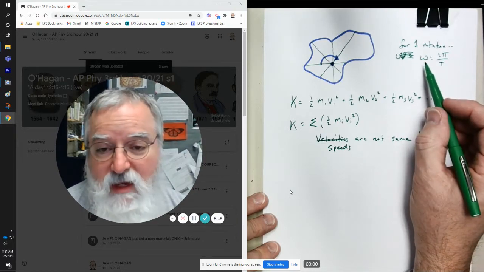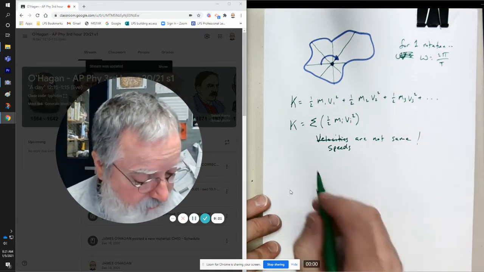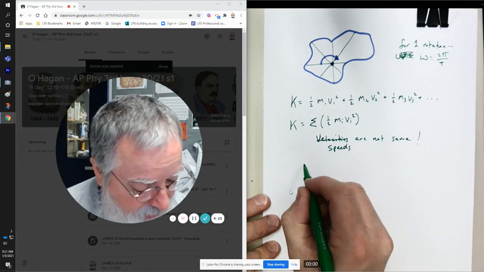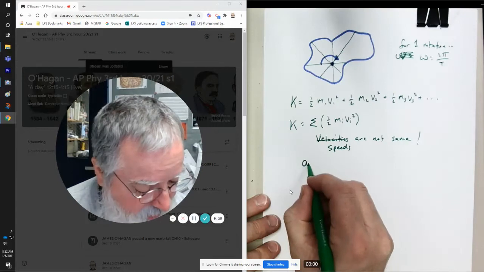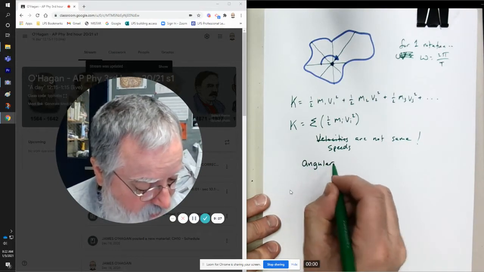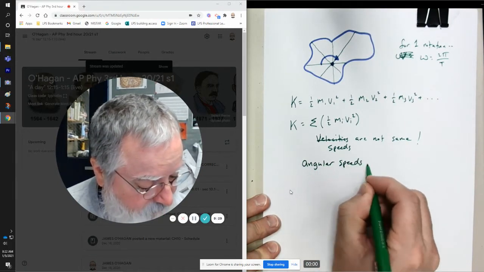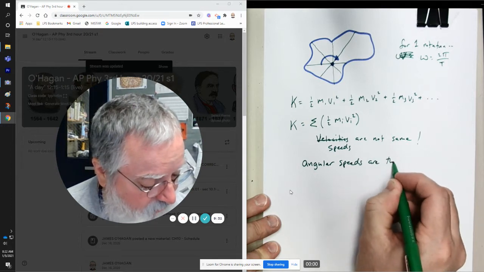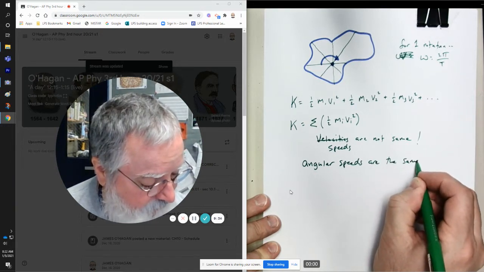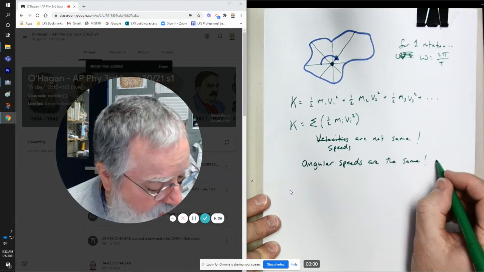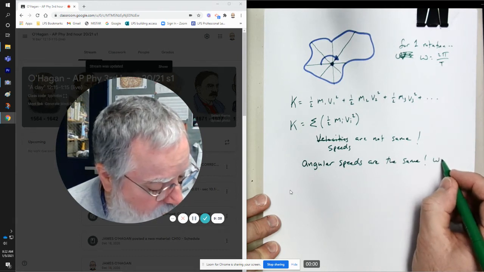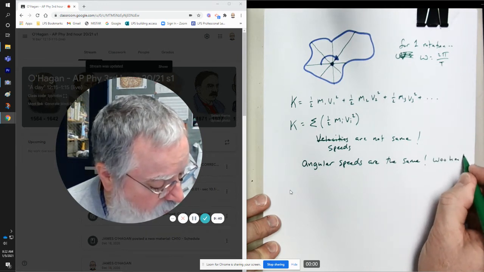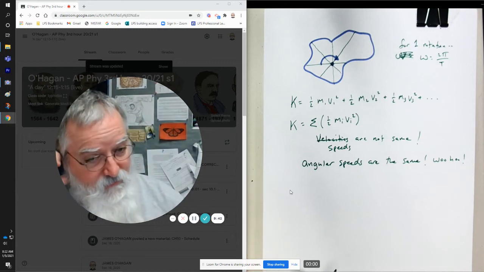So they all have the same angular velocity or angular speed. So here we go: angular speeds are the same. Yay! That's going to be good for us.